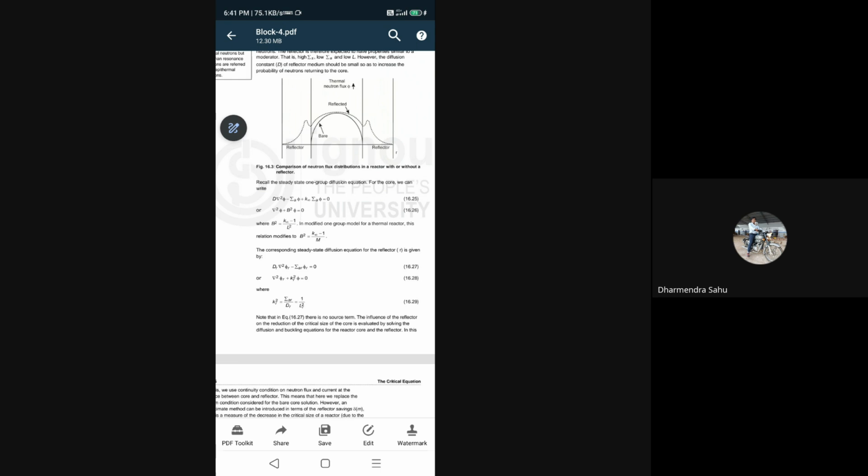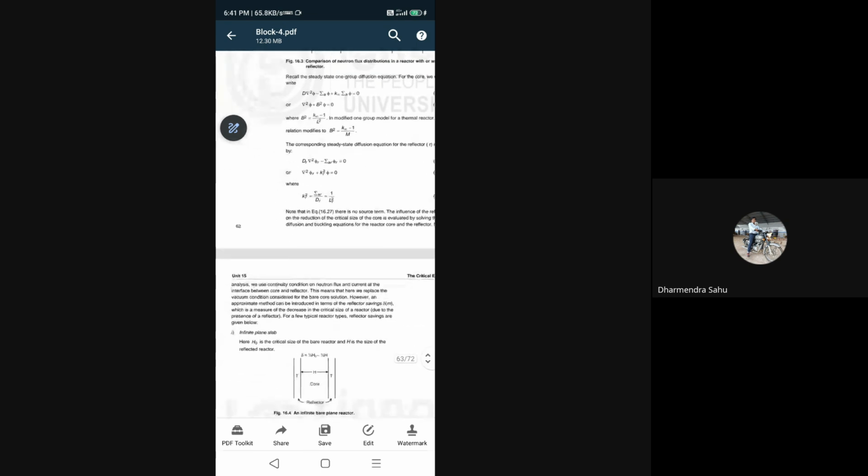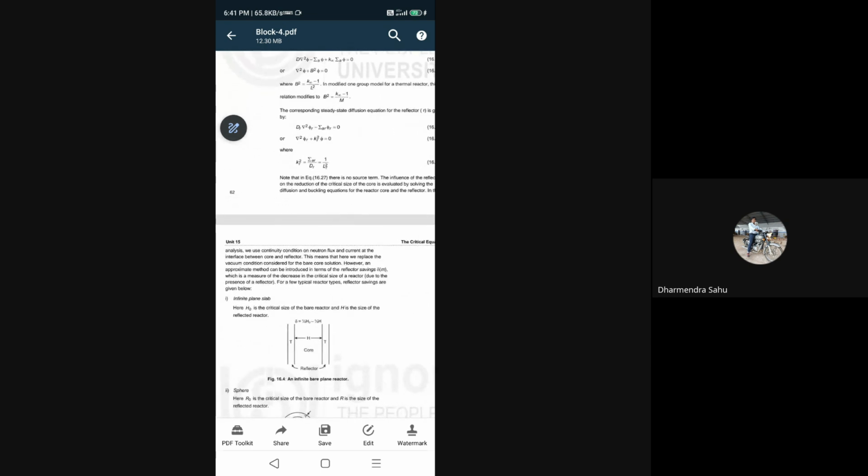The influence of the reflector on the reduction of the critical size of the core is evaluated by solving the diffusion and buckling equation for the reactor core and the reflector. In this analysis, you have to use continuity condition for neutron flux and current at the interface between core and reflector.